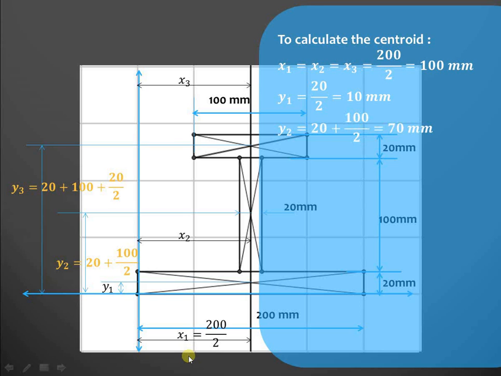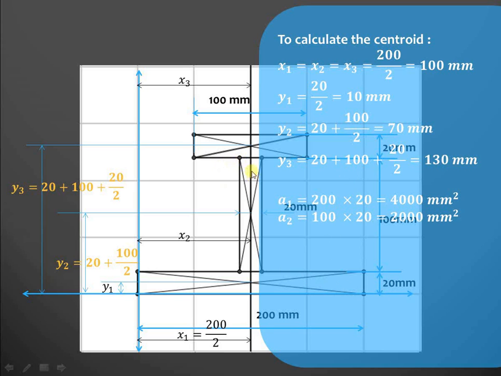So these values we have already seen, that is x1, x2, x3 and y1, y2, y3. Then area, so area of this particular first rectangle will be equal to width into depth, so it is 200 into 20. Then for the second rectangle it is 100 into 20, and for the third figure it is 100 multiplied by this depth, that is 20.